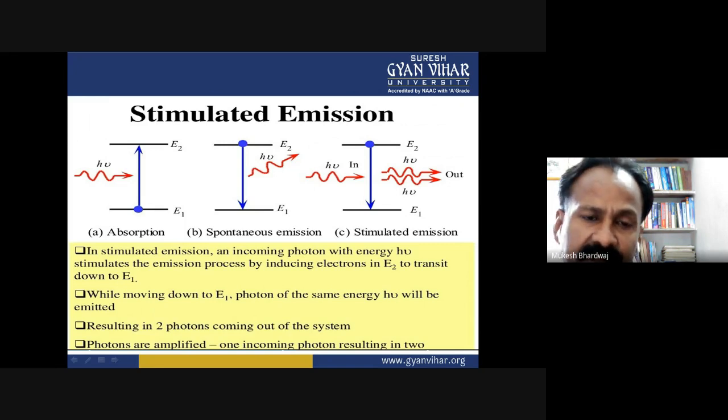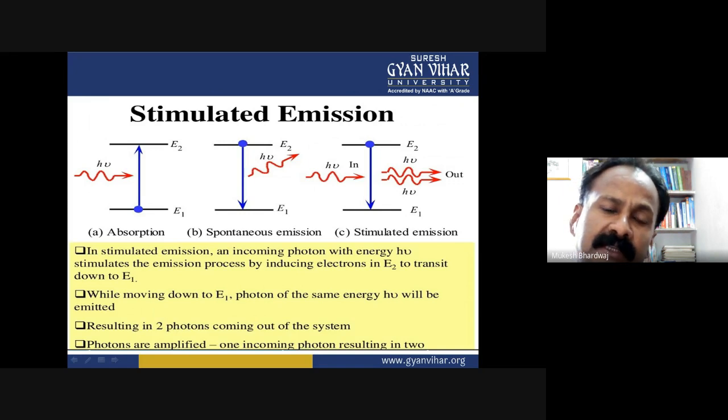This is the process for a single atom. Thousands or millions of atoms are present, so the photons or the energy get almost doubled. So this is called stimulated emission.